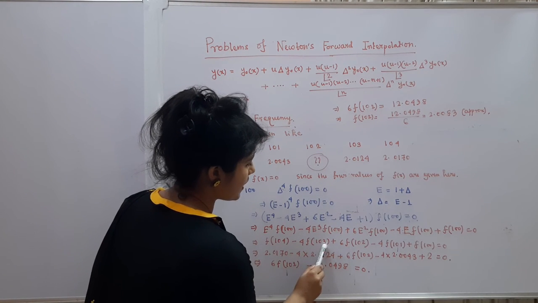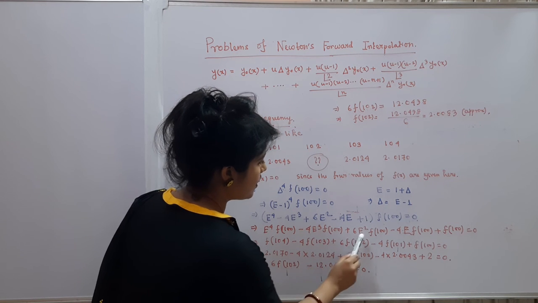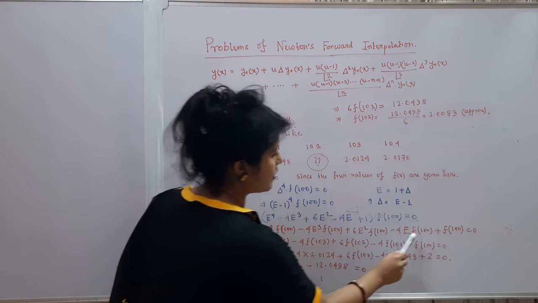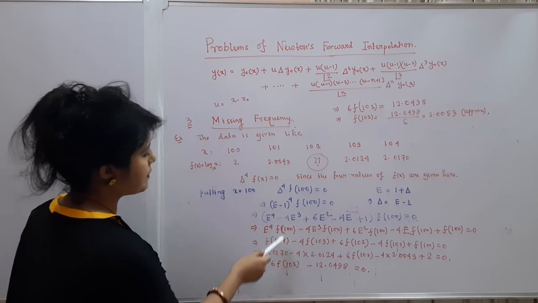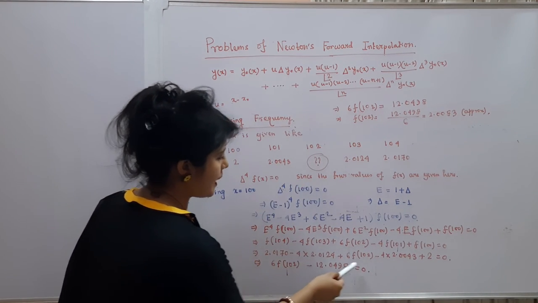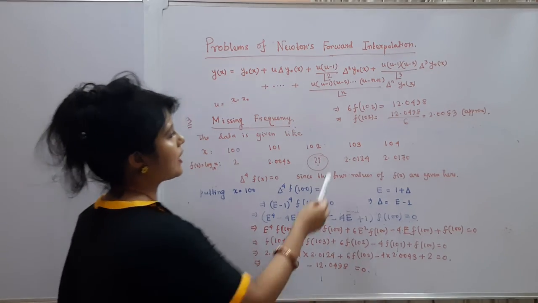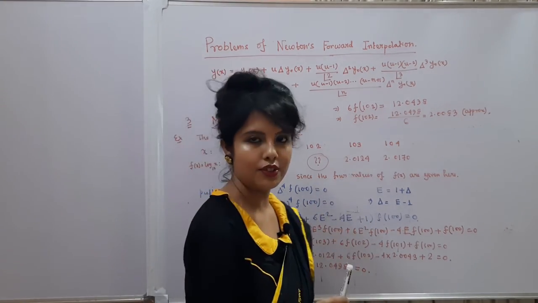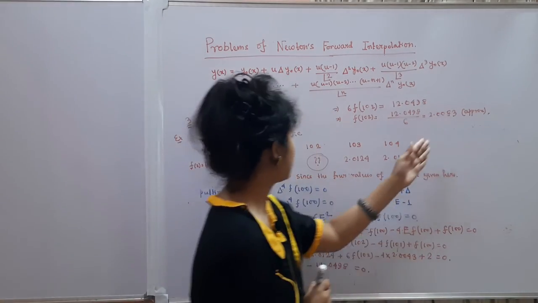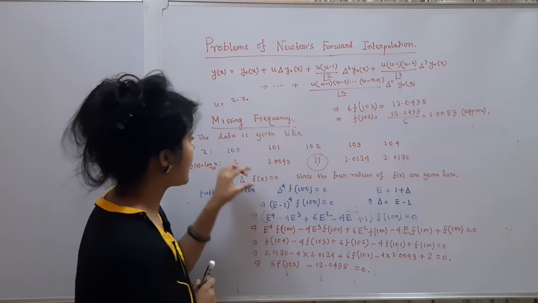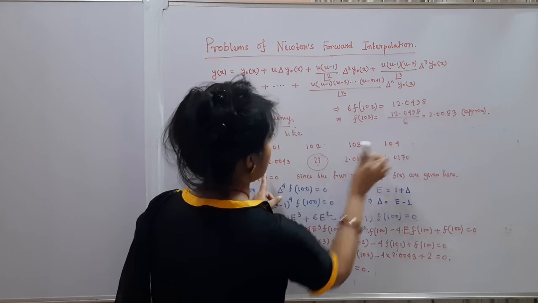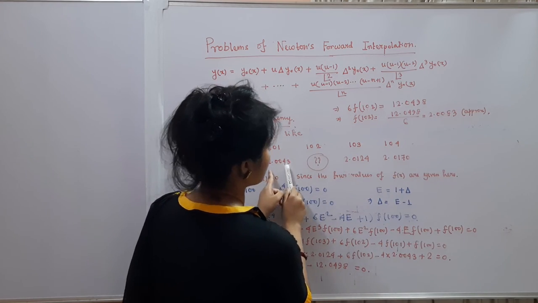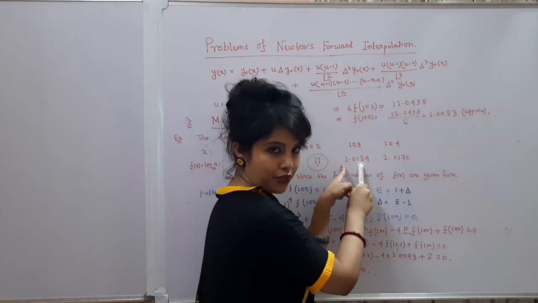Then 3 movements will be allowed, then 2 movements, then a single movement, and then f of 100. Now I have substituted the values from the table, and finally calculating I have got the value of f of 102, that is 2.0083, and notice that the value 2.0083 is in between 2.0043 and 2.0124.